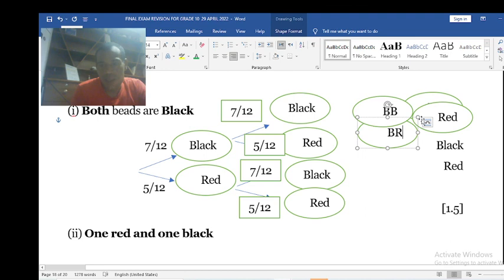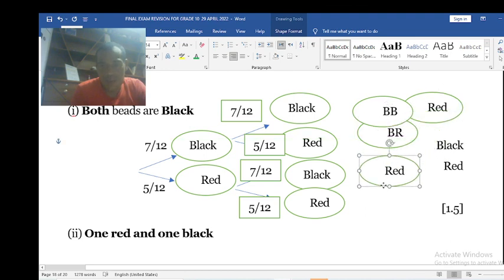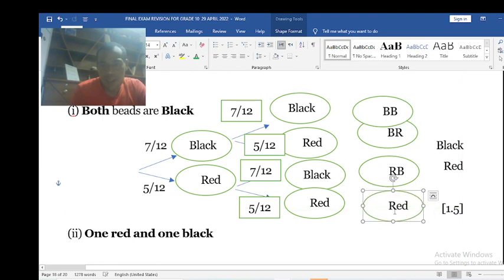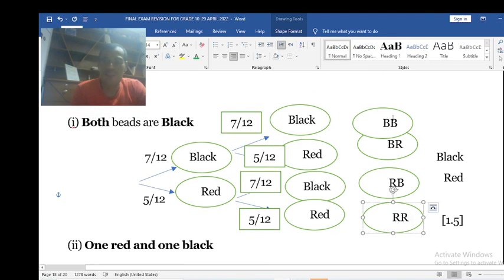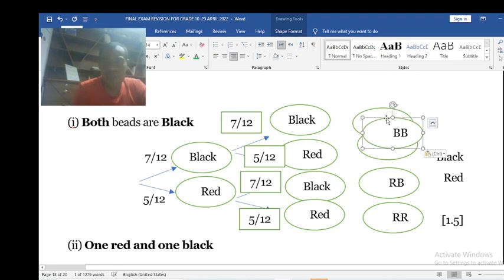Then here the outcomes are red, black. Then this one, learners, is red. So these are the outcomes if you want. I'll put it here. This is the outcomes. I will use this here also. This is their probability.